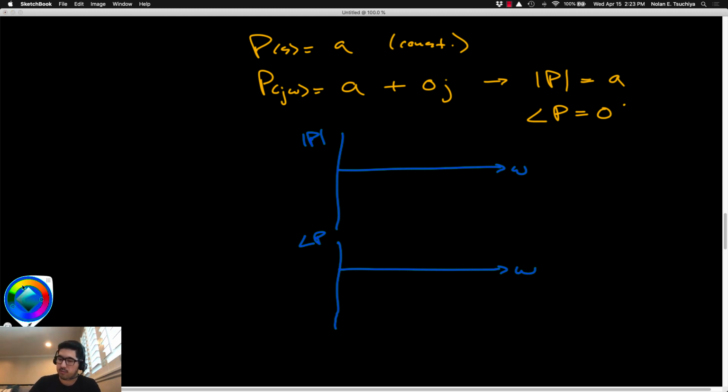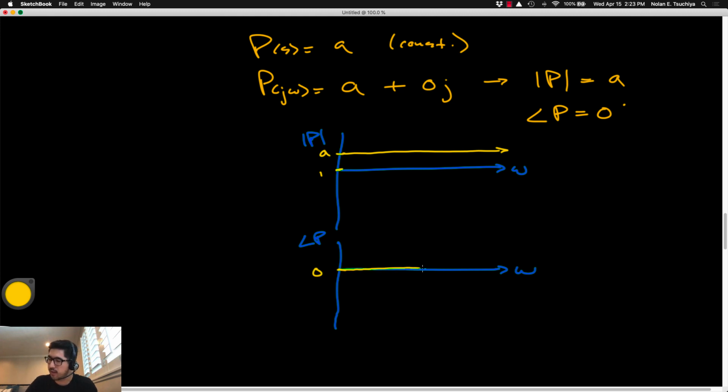Okay, so the Bode plot for a constant value contributes a constant value for the magnitude across all the frequencies, and it contributes 0 phase to the overall system. So this is a Bode plot for a constant valued transfer function.